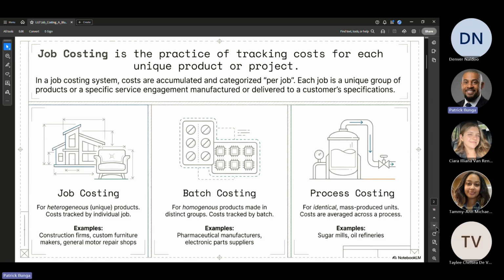Job costing in itself, there are three main types of costing, which is the job costing, the batch costing, and the process costing. So I will try to make it as short as possible and not try to overwhelm you with definitions and all that.